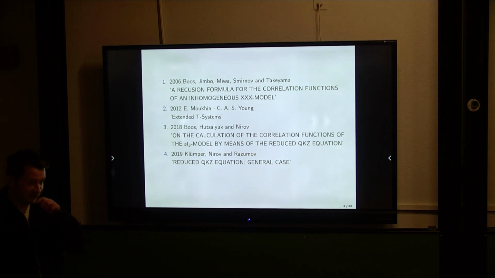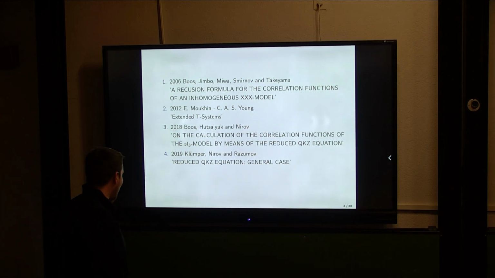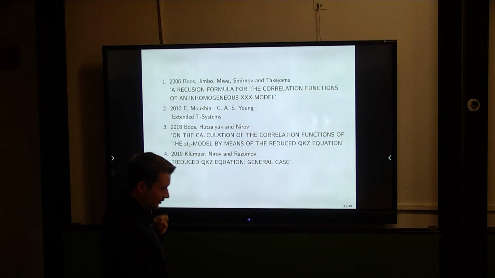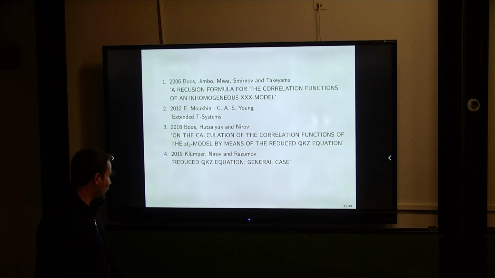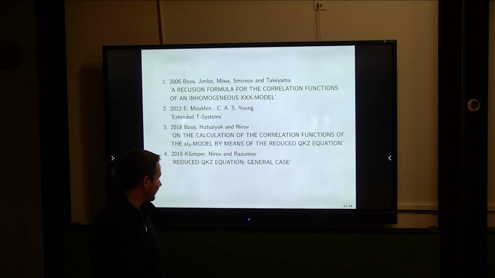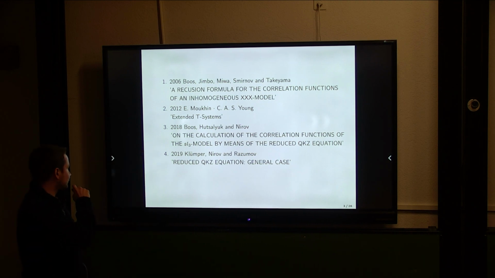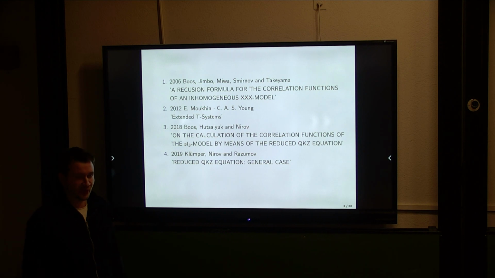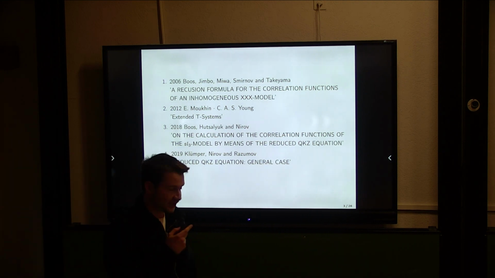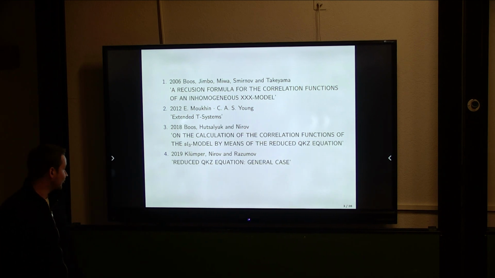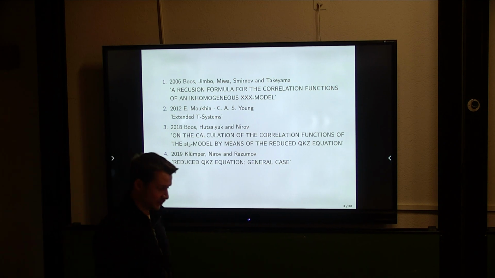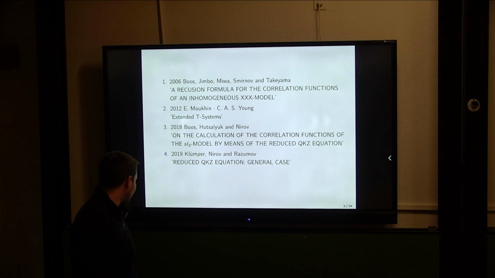Right. And I'm going to explain how the generalization of the snake construction can be used to calculate the residues of correlators. Especially using the result in 2018, again Hermann, Arthur, and Hazret, on the calculation of the correlation functions of the SL3 model using the rQKZ equation.